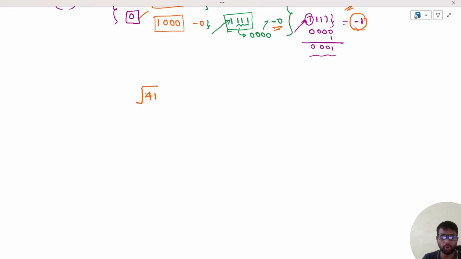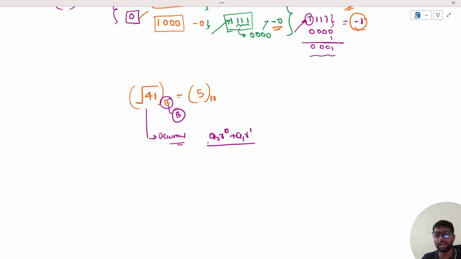Suppose we have root over 41 base b is nothing but 5 base 10. So we are interested in finding the value of b. Let us represent this in decimal, and we know that to represent any number in decimal, we multiply a0 r^0 plus a1 r^1, where r is the base and a are the digits. Since this is the square root of 41, to remove the square root, let us take the square of both sides.